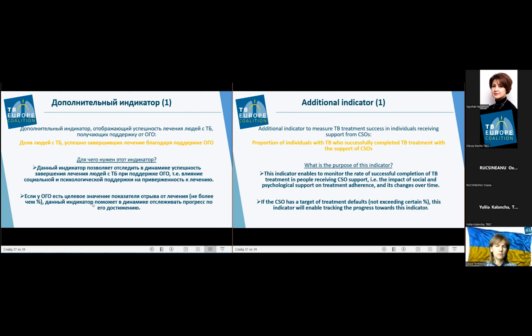Thank you, Oksana. What we mentioned at the beginning, the query for data submission is submitted to the National TB program, and as indicated in the algorithm, NTP is the coordinating authority that collects, analyzes the data, and submits those to WHO.